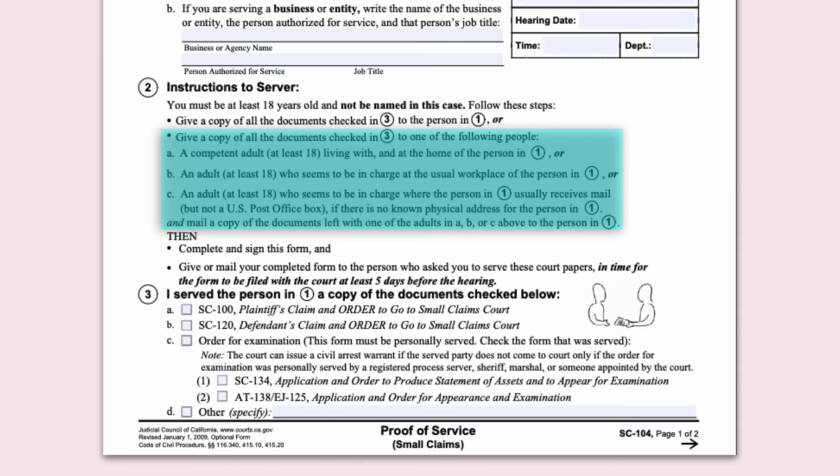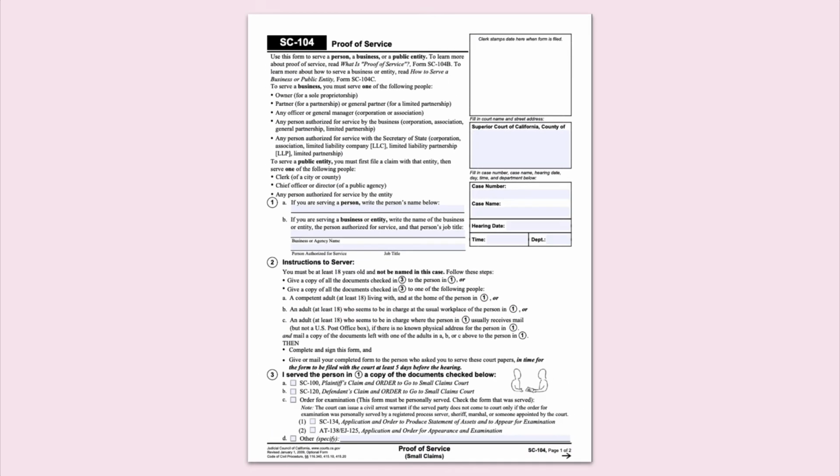Eligible persons include a person who lives with the defendant or who is responsible for the location where the defendant works or receives mail. When using substituted service, an identical set of papers must be mailed first class to the defendant at the same address where the papers were left. Note that substituted service is the only method allowed when serving court papers on a corporation or public entity.